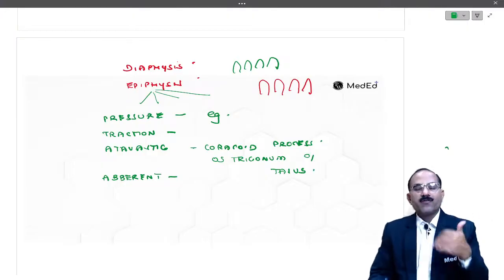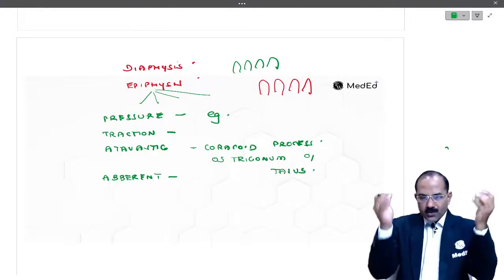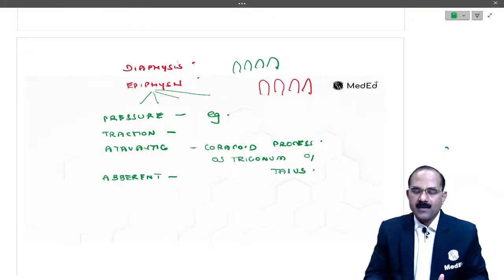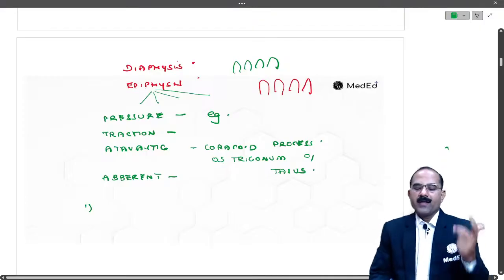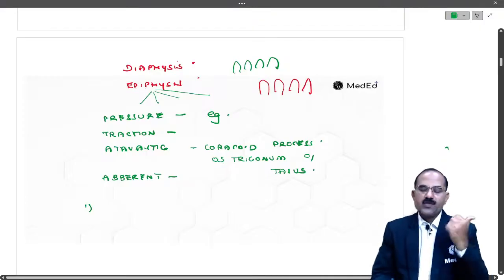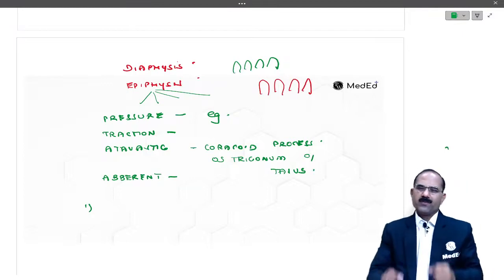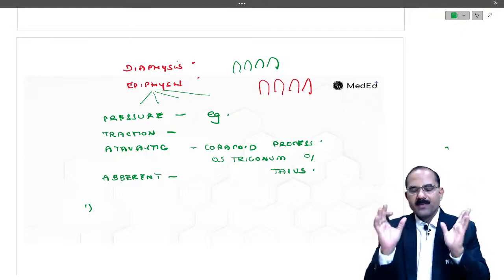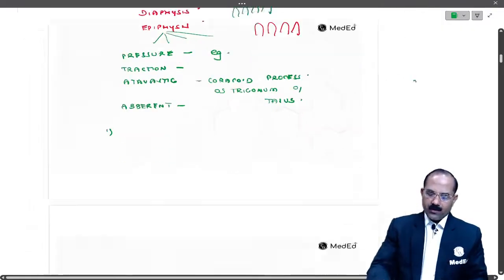Second is metaphyseal arteries, from the plexus which surrounds the joint; these arteries supply the metaphysis. So one is nutrient artery, second is metaphyseal artery, third is epiphyseal artery, and the fourth one is periosteal artery. You have to elaborate these arteries supplying the bones. Okay, blood supply of a long bone.